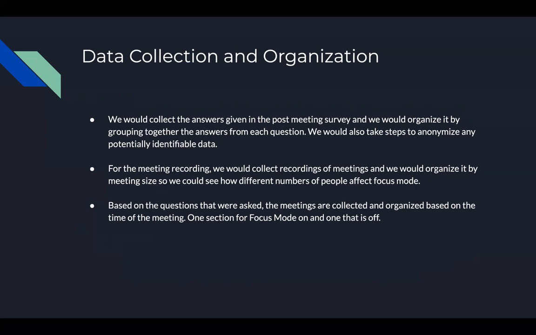And for the meeting recording, we would collect recordings of meetings and we would organize it by meeting size so we could see how different numbers of people affect focus mode. And based on the questions that were asked, the meetings are collected and organized based on the time of the meeting. One section for focus mode off, one section for focus mode on, and then one that is off.